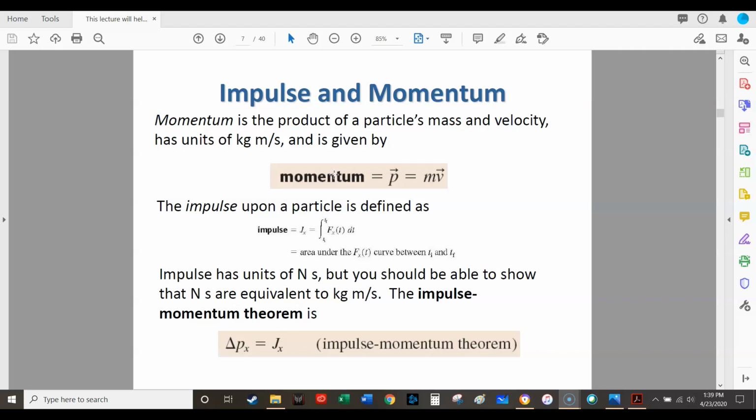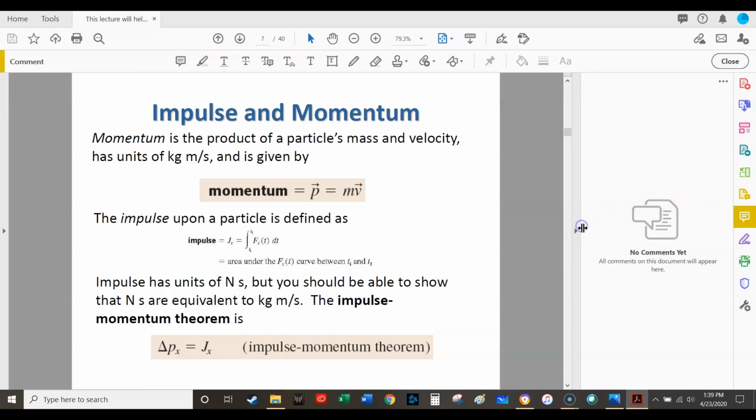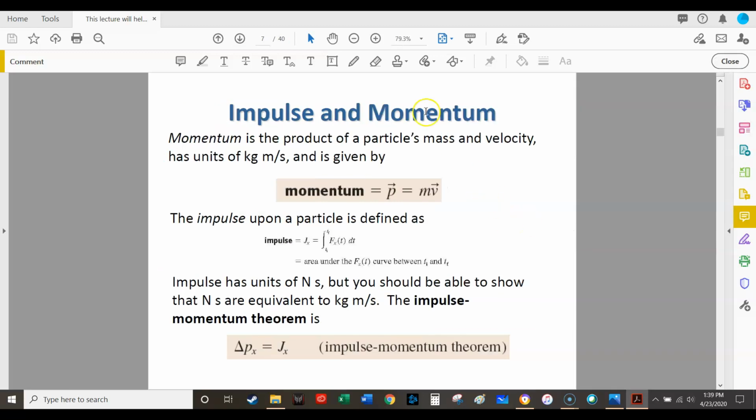I'm going to use the markup tool on the comments. We had done problems where you had a box up against another box.